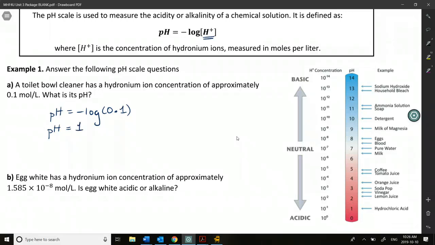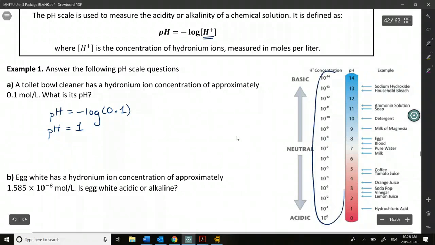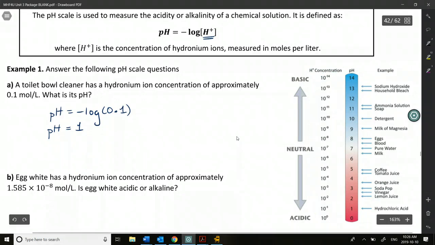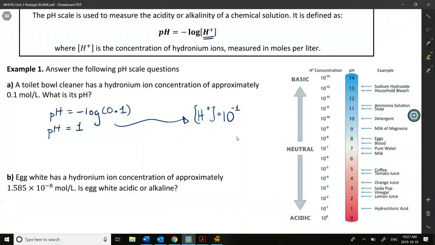Okay, when I say something has a pH of 1, this is what I'm really saying. I'm telling what the hydronium ion concentration is of that solution. So when you say something has a pH of 1, you're saying the hydronium ion concentration is equal to 10 to the negative 1. Okay, and that's literally what 0.1 is equal to.